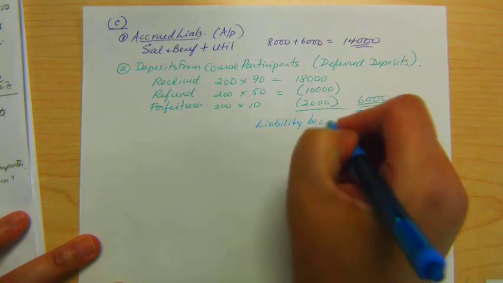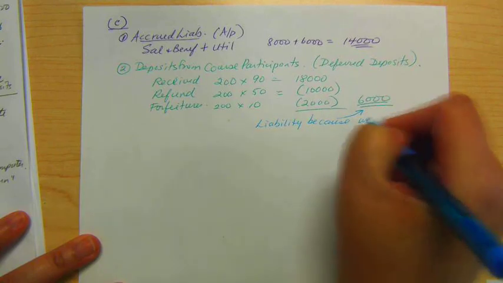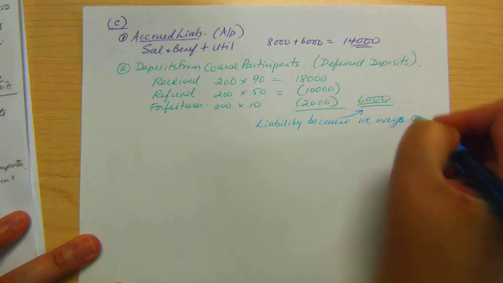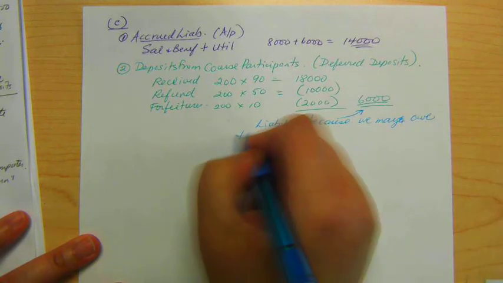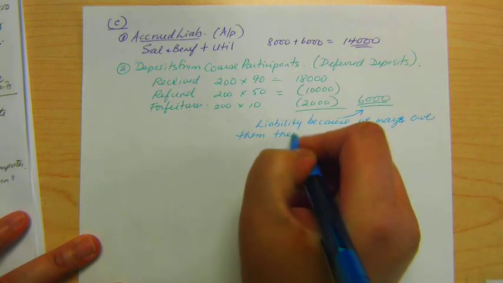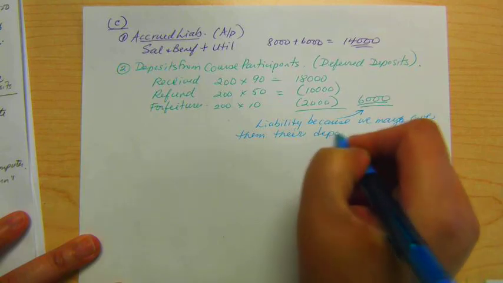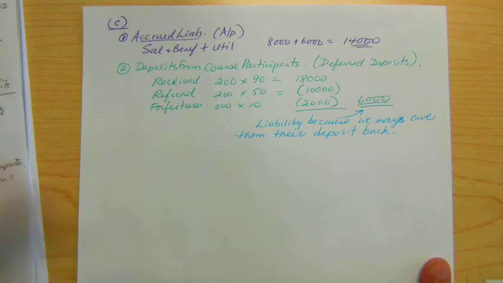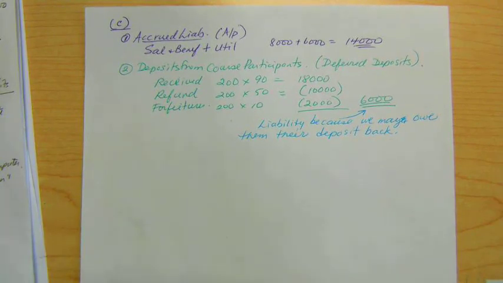It's a liability because we may owe them their deposit back. Now, does that one make sense? Because that's always a point of contention with this question. Okay.